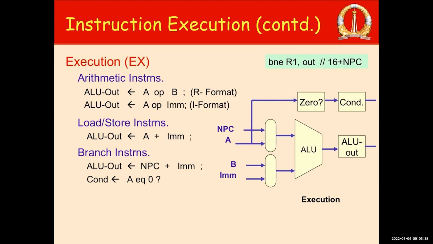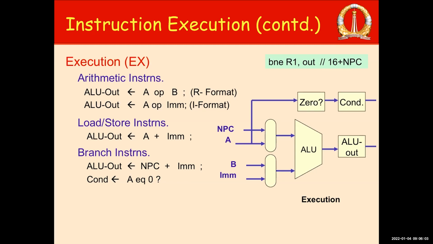The immediate constant is available over here. The PC plus 4 value which was computed in the instruction fetch phase is available in the NPC register. So that NPC is a temporary register. From there you take the value, and if you add the immediate constant to it, you will get the target location of the program counter.